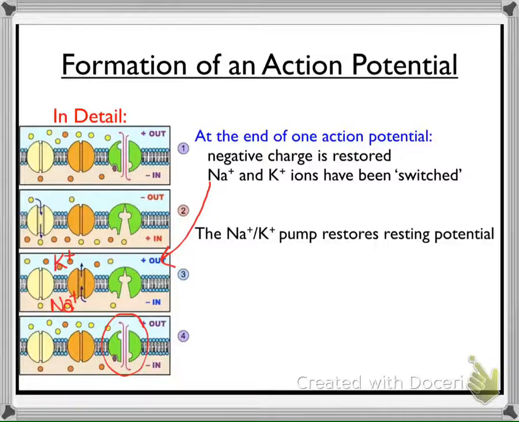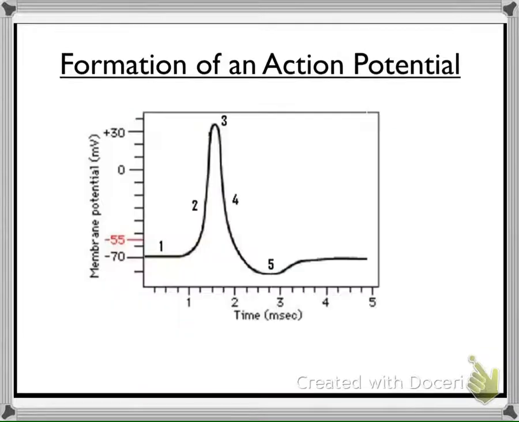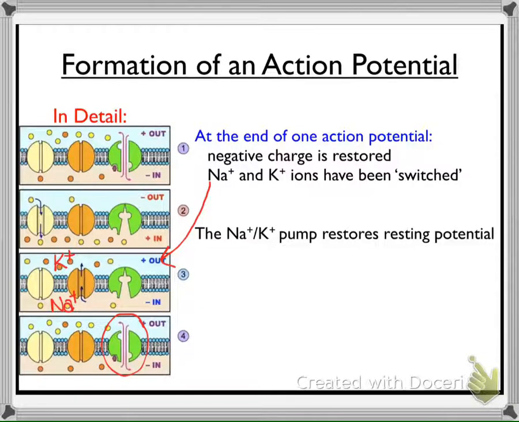The sodium-potassium pump is going to restore the sodium to the outside of the cell and the potassium to the inside. But once that's done, once the sodium-potassium pump has been operating for a little while in order to switch those ions back around, then we're back at the beginning. We're back at resting potential, and this nerve will be ready to send another impulse or send another message.